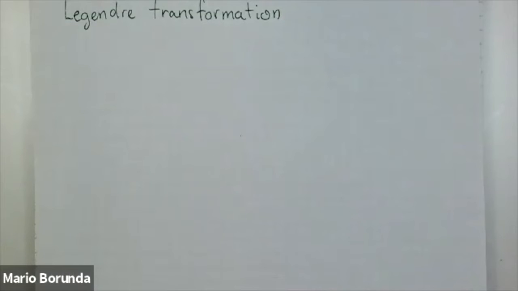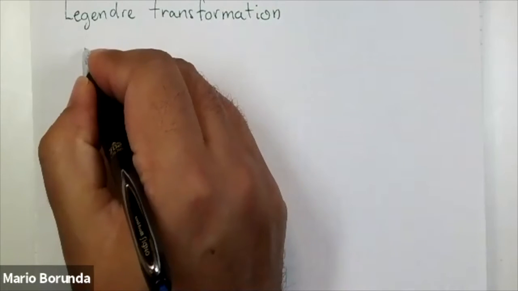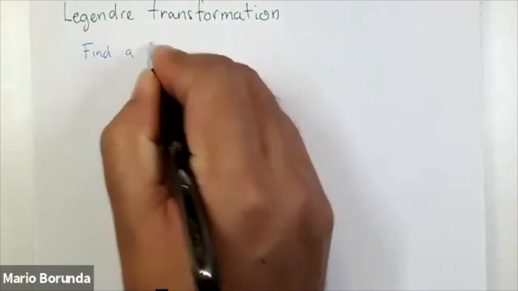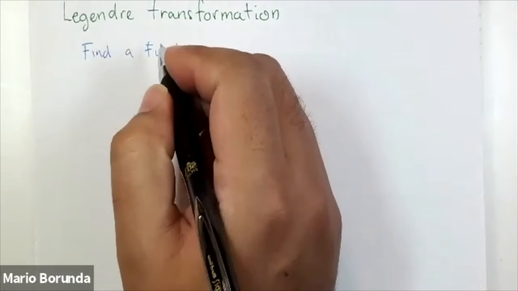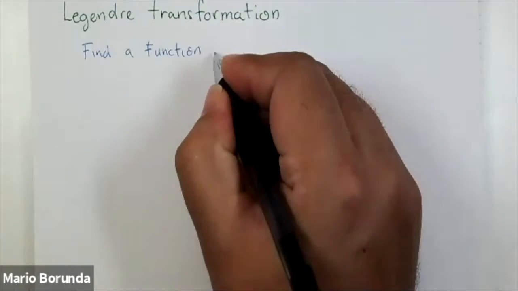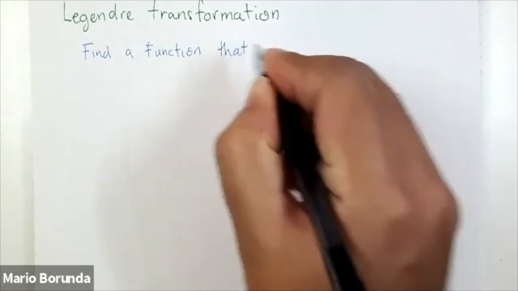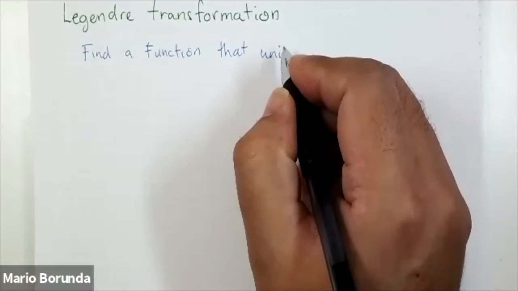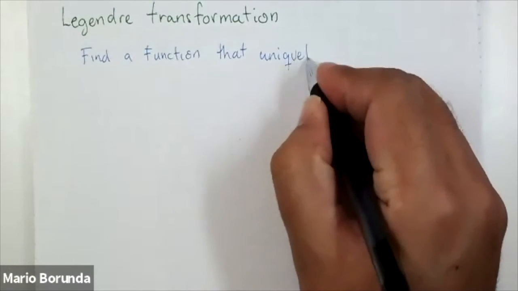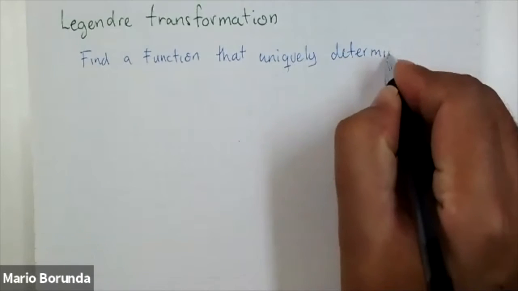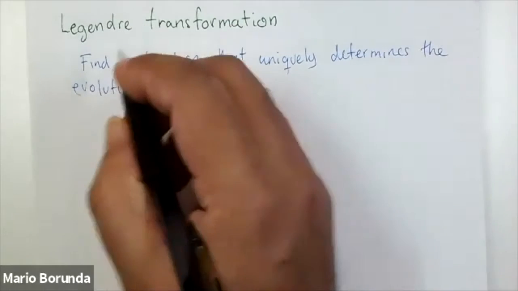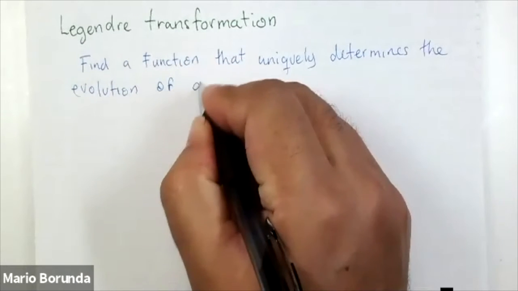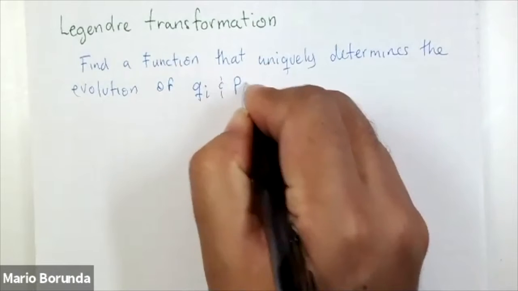A Legendre transformation is what we use when we want to find a function on phase space that uniquely determines the evolution of Qi and Pi.